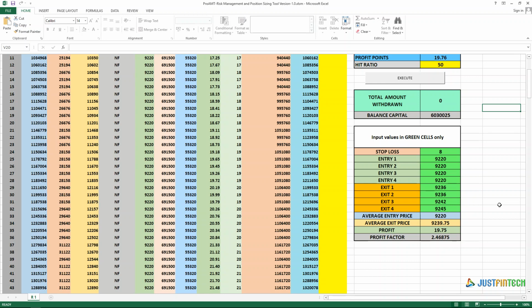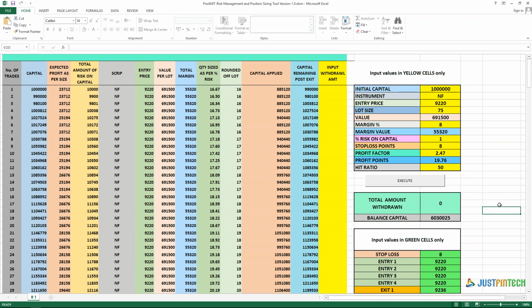So you need to devise a workable system where, suppose your profit target is 20 points, you keep a stop loss of 10 points, the market goes down 14 points, 15 points, and it's coming back and hitting your 20 point target, then it's worth it, because you will still get a 1 is to 1 risk reward ratio.